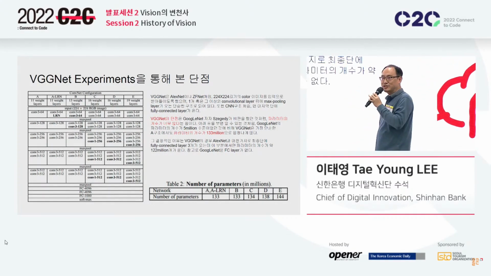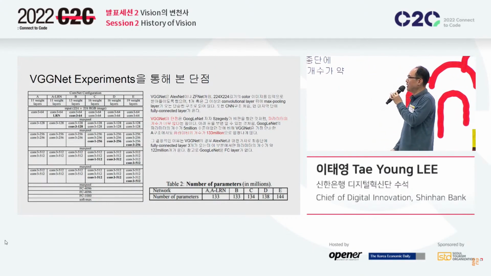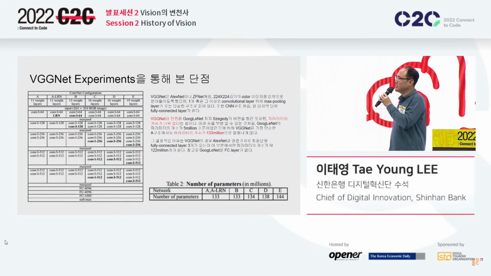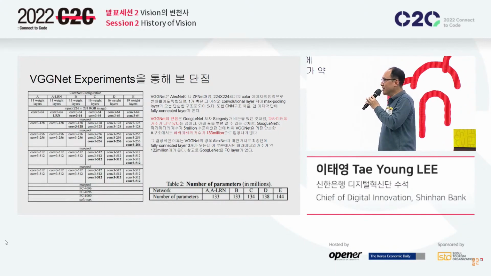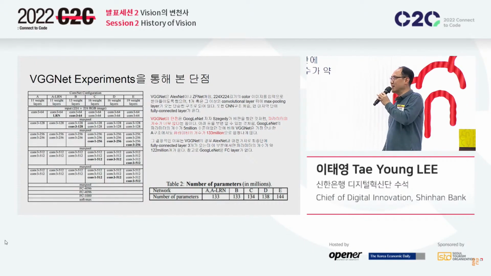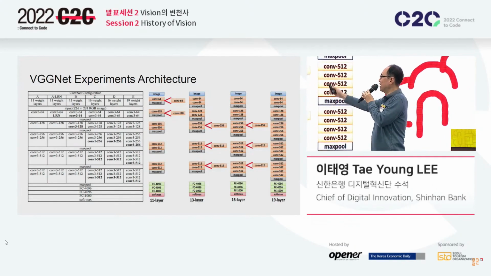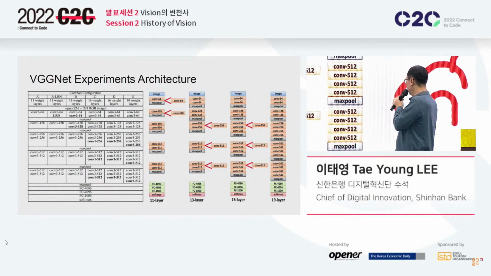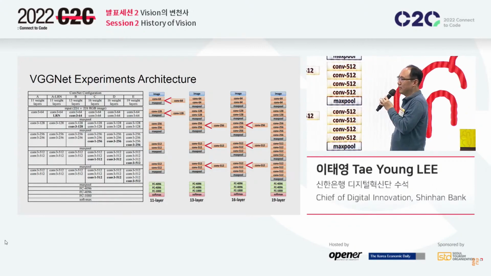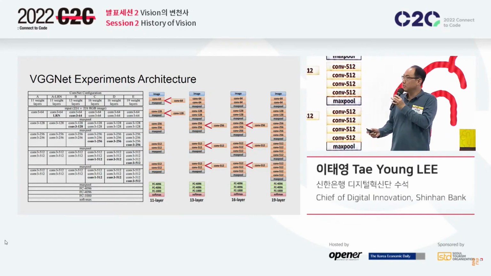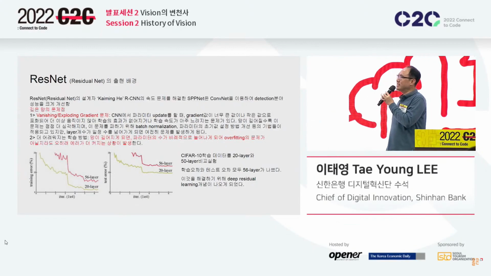And there is a weakness because the number of parameters is large as the network gets deeper. But the VGGNet paper talks about what happens when the network gets deeper. So they started to put more convolution layers, which made the network deeper, and then they tried to get insight from it.